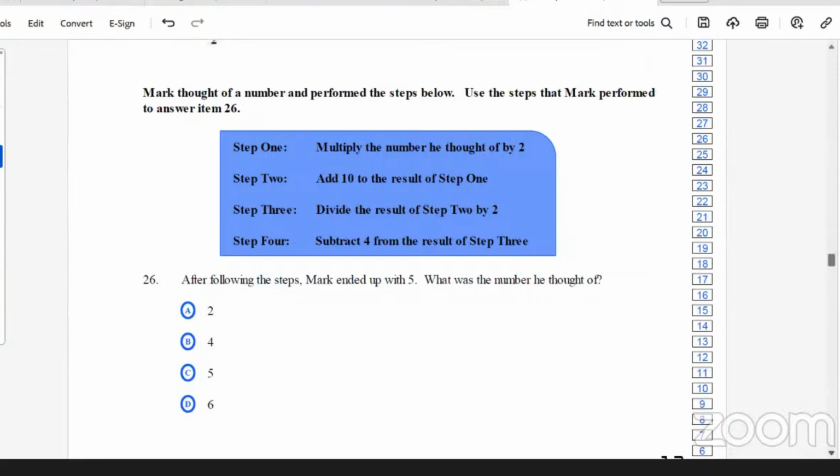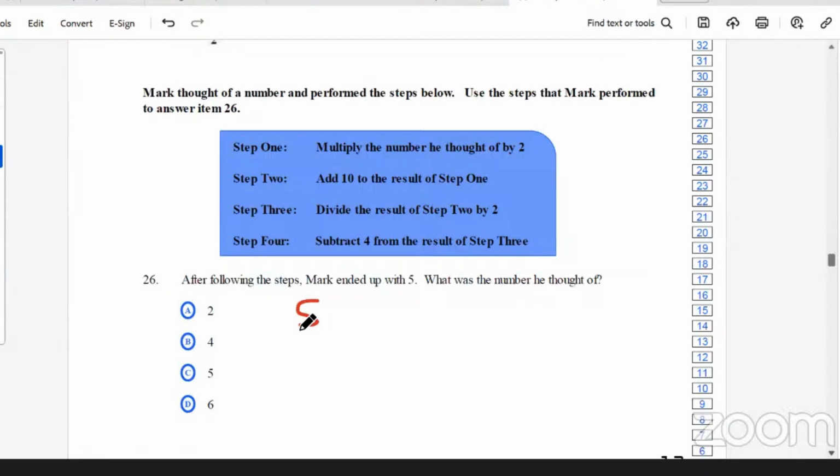So in order to find out the number that Mark thought of, we would have to do the steps in the reverse order. And that would mean doing the opposite of what was done before. So we ended up with 5. So that's our starting point. Since we don't know what number he thought of, we have to work back to that number.